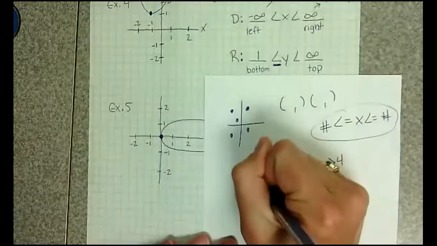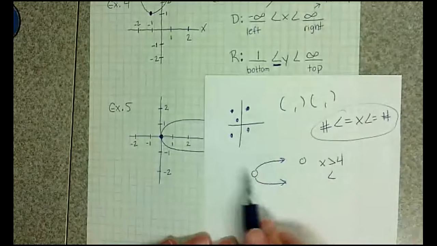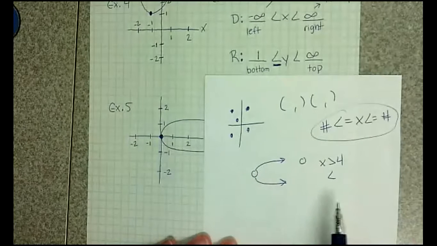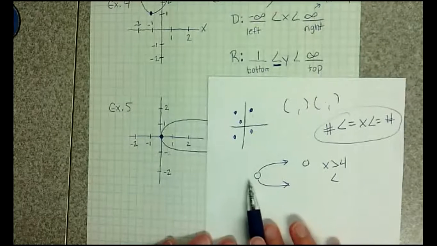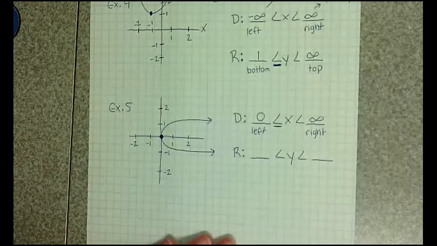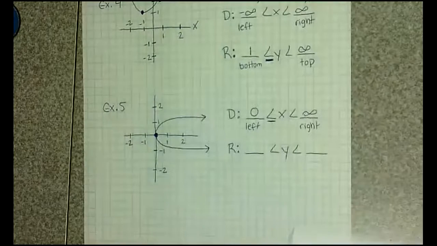So if you had a graph that looked like this and it was an open dot instead of a closed dot, you would not put equal to. Most of the time, I'm always going to give you a closed dot. So 90% of the time, yes, always put an equal to, but this would be the exception. All right.